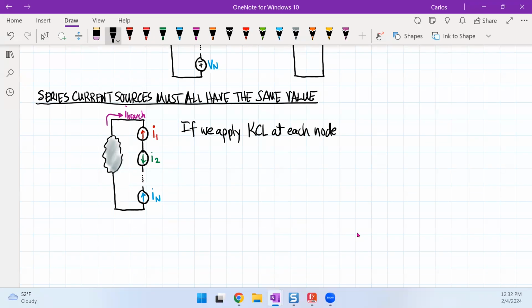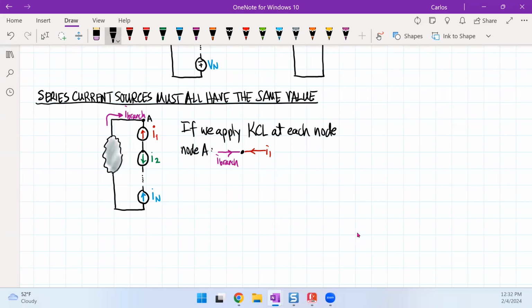So for example, if I look at the top node right there, let's call that node A, then what we're seeing here is that node A tells me that the current coming in and the current coming out are opposite in direction. So if I look at node A, the branch current is coming in and the current I1 is coming in like this.